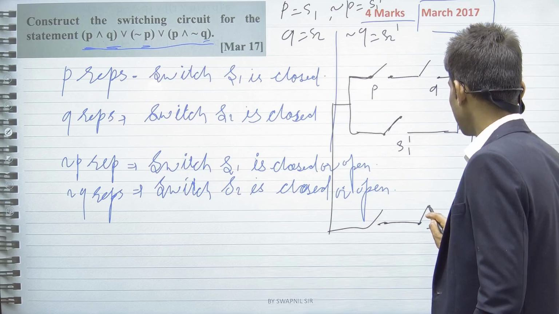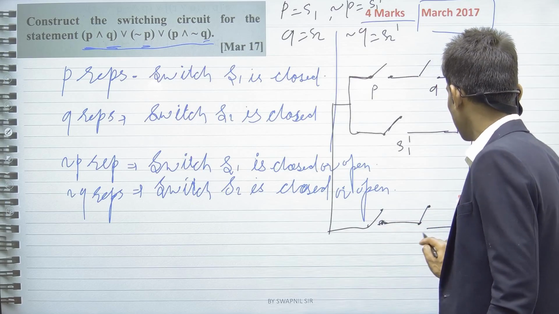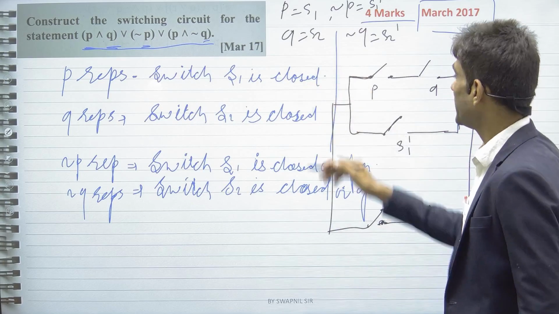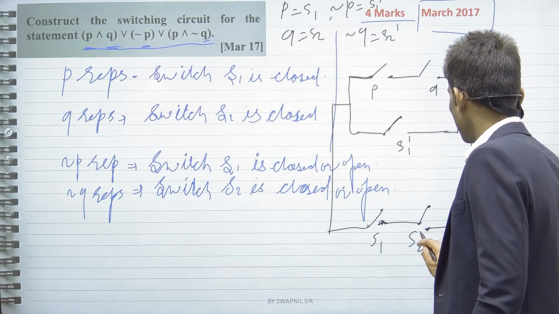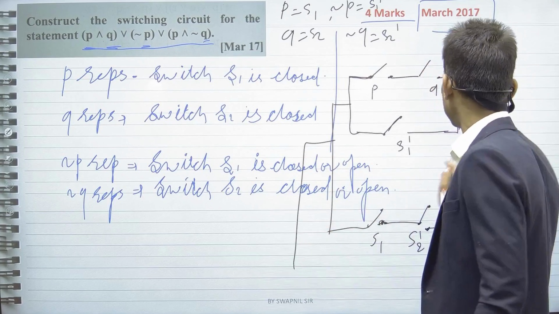Consider these as the switches, S1 and, for negation of Q, S2 dash. So this is our complete circuit.